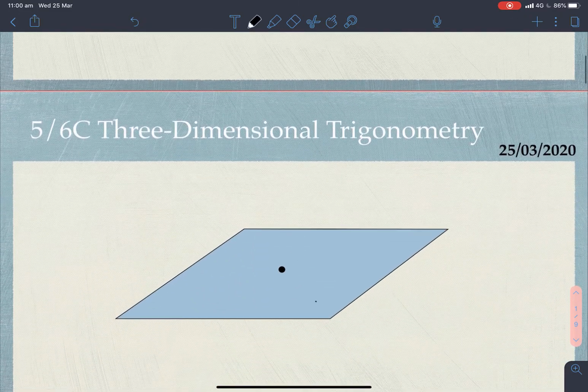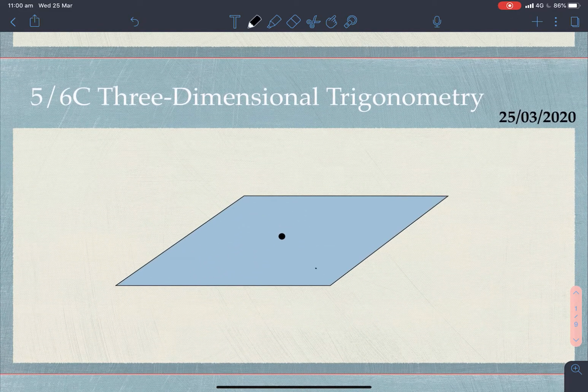Let's go through what 3D means first. 3D always starts from a 2D plane or 2D object. So let's say this is a surface here. We start from there. I have a point on the 2D surface and I draw a perpendicular line on it.